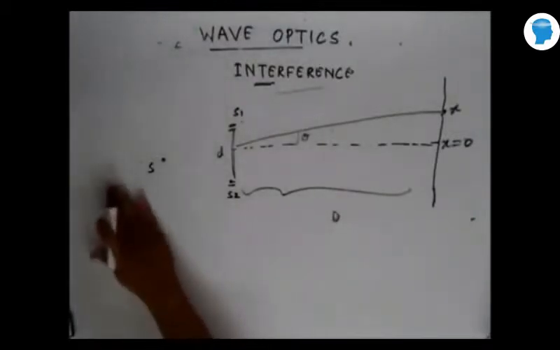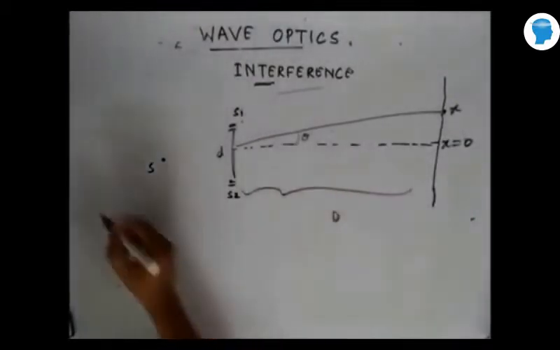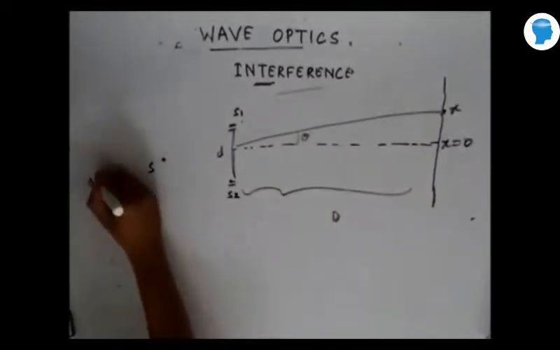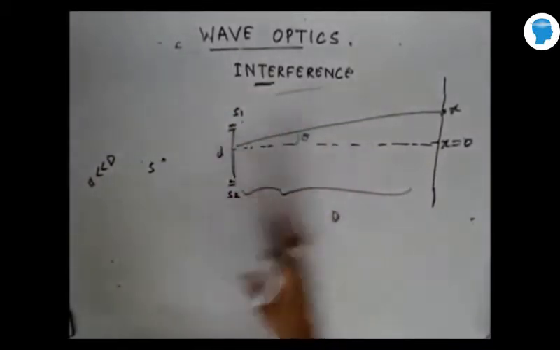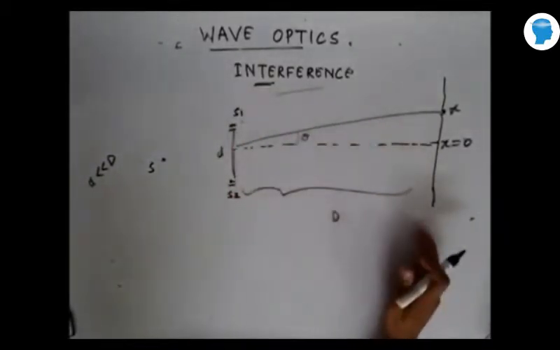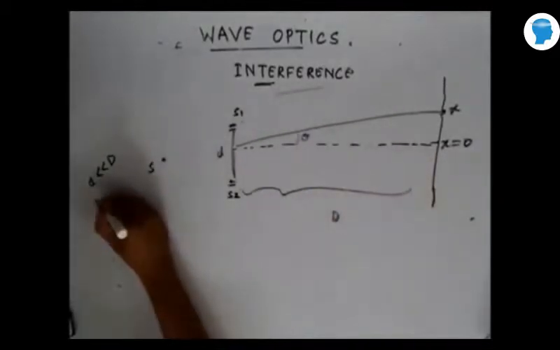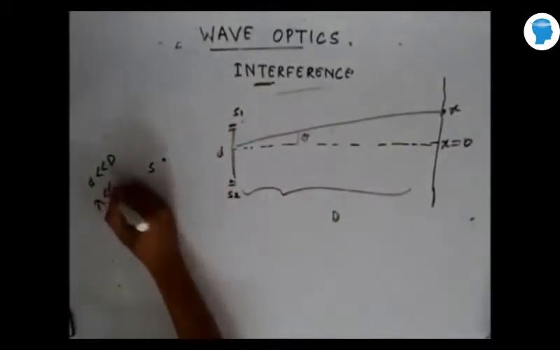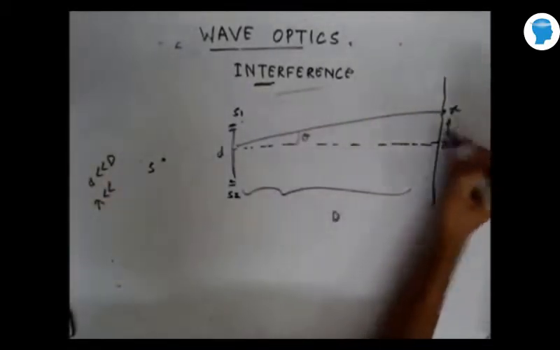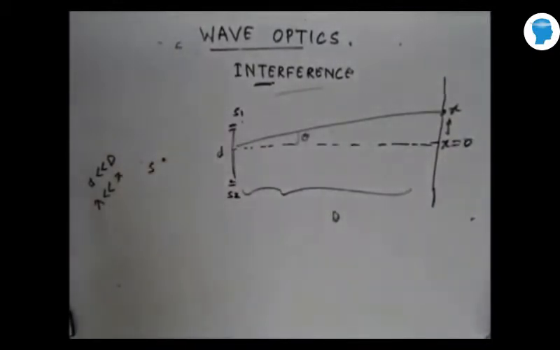So, the first condition of this setup is that, as we said, d should be very much less than capital D. That means the distance between the two slits is very much less than the distance between the slits and the screen, and the wavelength of the light which comes out of the two slits should be very much less than this distance x which we are measuring. So, these are the two conditions.